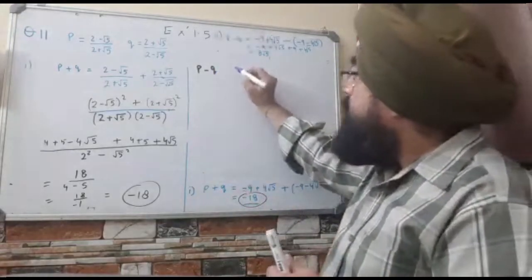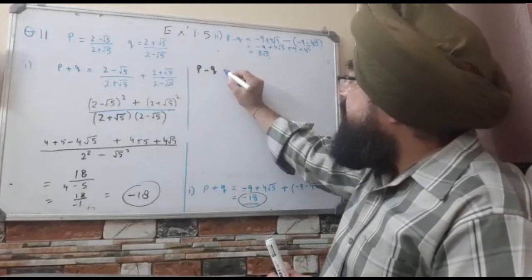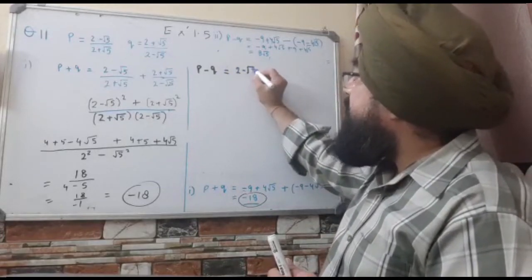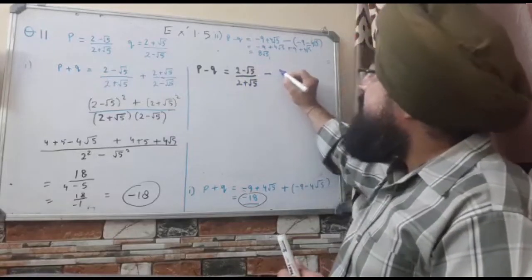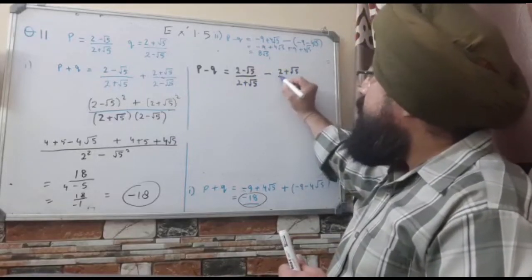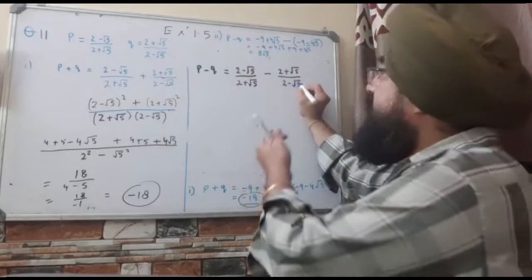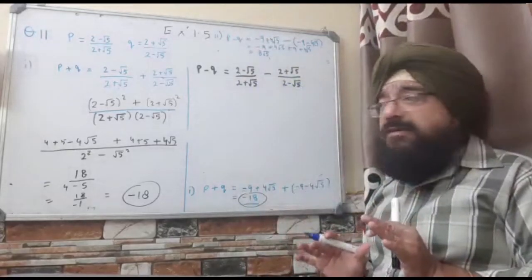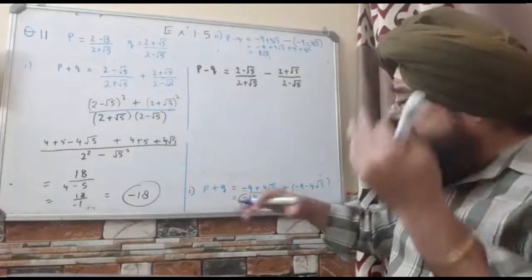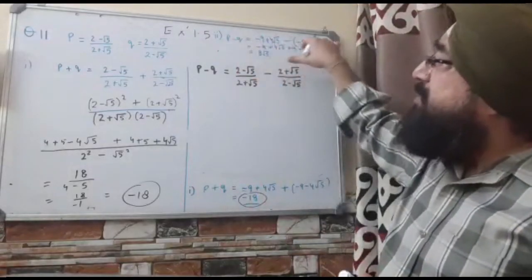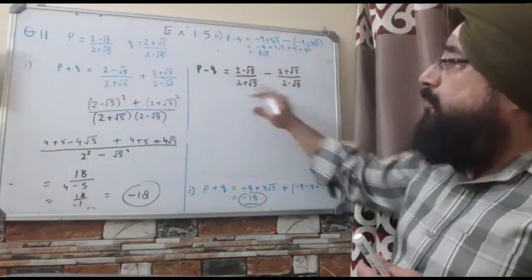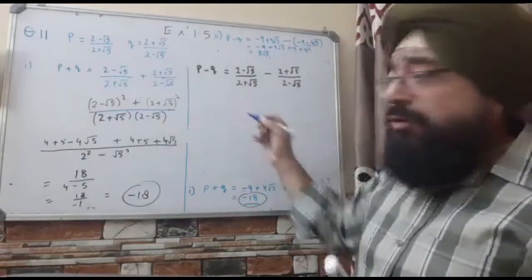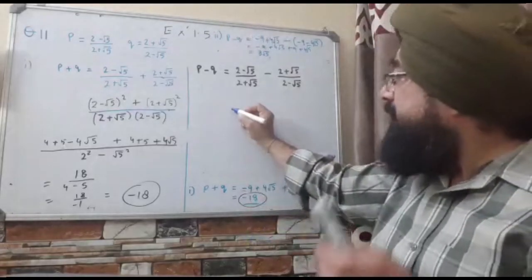I need to write this: 2 minus root 5 over 2 plus root 5, and minus 2 plus root 5 over 2 minus root 5. I have to begin from the very beginning, and this is the only drawback, which gives me the idea that you can follow this method as well, because see, the second part has come in so few steps, and here I have to do the same thing again. That is no problem, you can do that, but you have to do that.